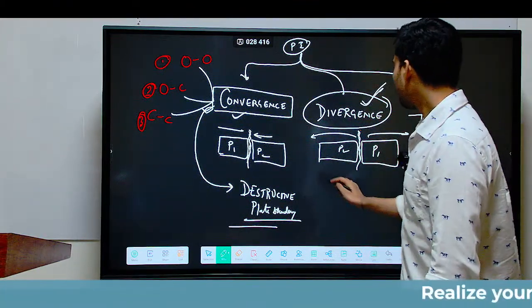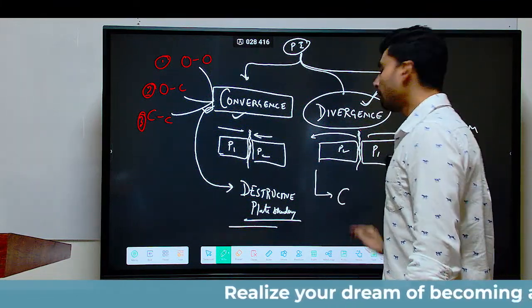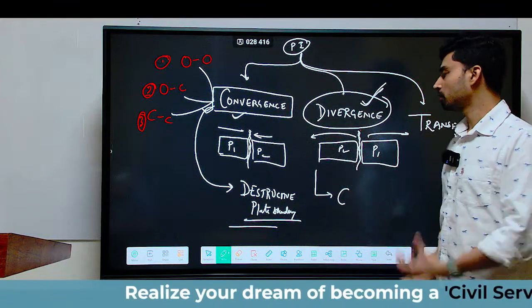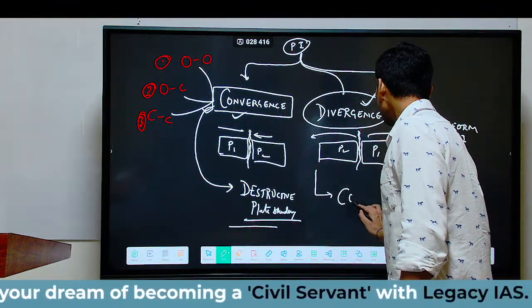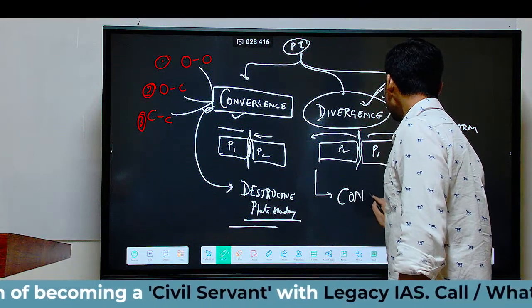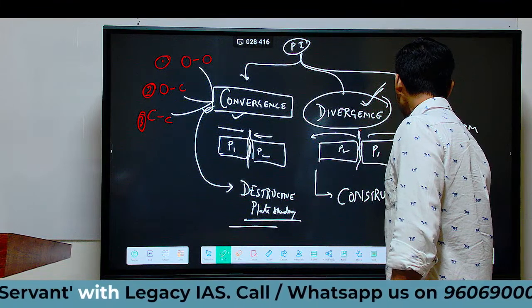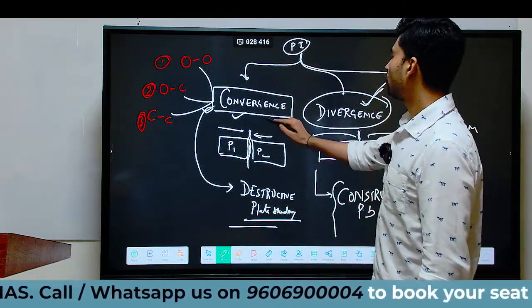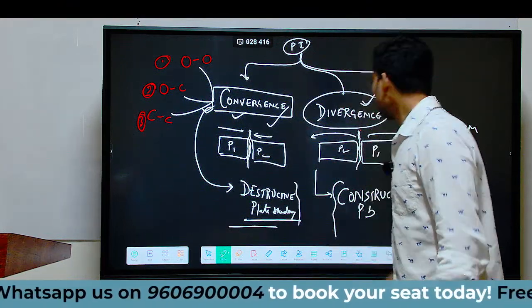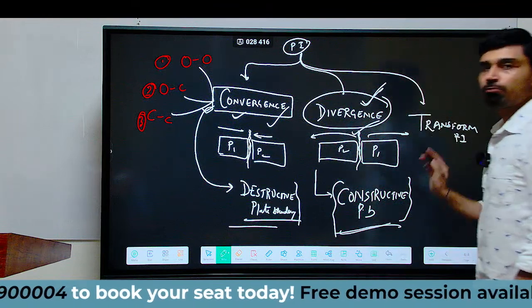And generally wherever we have divergence at the boundary, we will see the development or formation of new rocks. How this happens we will discuss later, but since there is a formation of new rocks near the divergence zone, the divergent plate boundary, such a boundary is also called a constructive plate boundary. So convergence is related to the destructive plate boundary, while divergence is related to the constructive plate boundary.